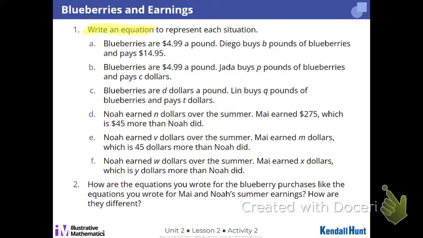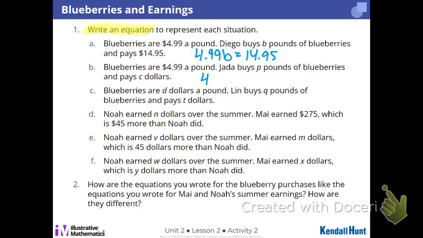Let's get after it. Looking here at your boards, it looks like everybody was pretty much on the same page. For these blueberries, we're going to be $4.99 a pound, for B pounds, totals $14.95. Do you see how I could just read the sentence and my equation is that sentence, kind of? It's like we're translating. So blueberries are $4.99 a pound, P pounds to get C dollars.